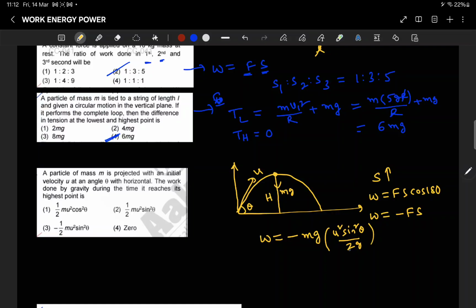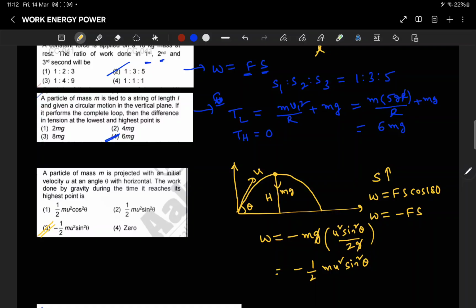Now, I think the options are given. Half m u square sin square theta. So g is cancelled, students. Minus half m u square sin square theta. This is the work done, given as the third option, students.